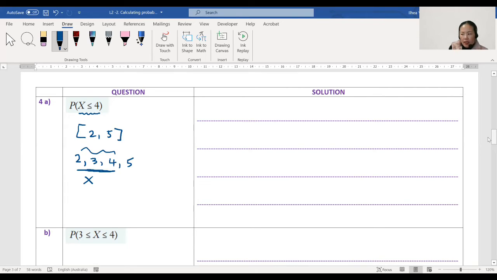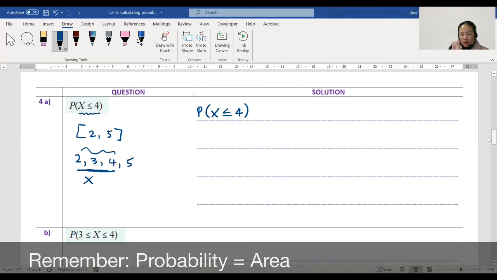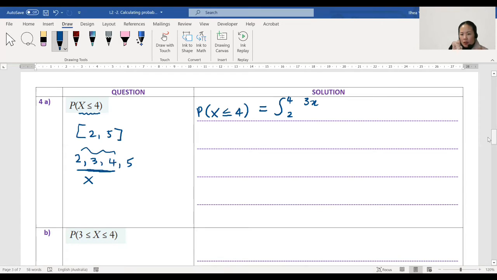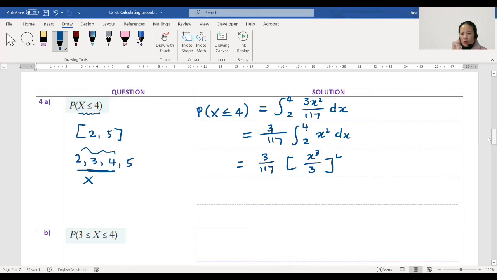So what I'm going to do now is the area equals the integral from 2 to 4 of 3x squared over 117 dx, and then I'm going to put the constant out, so x squared dx. What do we do here now? It's 3 over 117 times x cubed over 3, from 4 to 2.